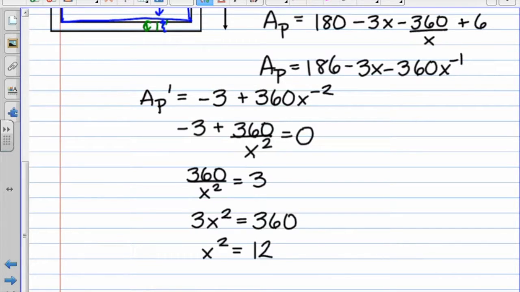And then I'm going to take the square root. So I get the square root of 12. Again, I don't need to simplify.